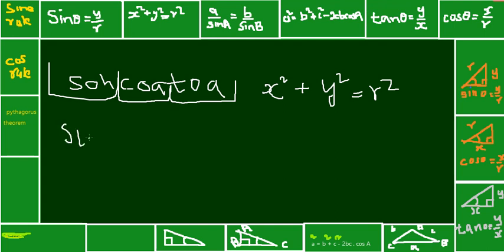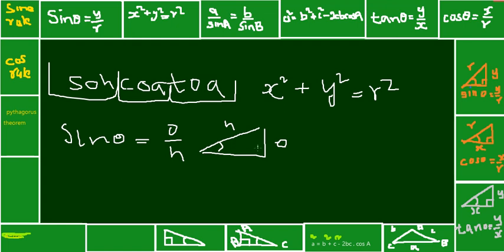So sine theta means opposite over hypotenuse. Redrawing, it is like the hypotenuse and the opposite.